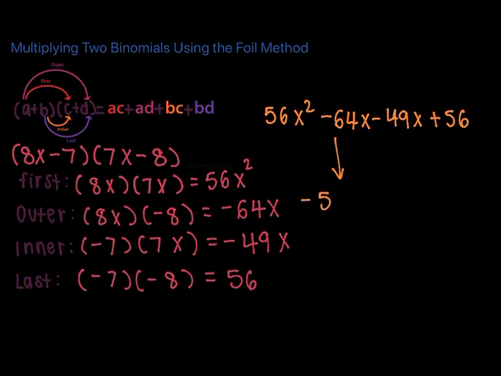So we can write this out as 56x squared minus 113x plus 56. So we now know that using the FOIL method, (8x - 7)(7x - 8) equals 56x squared minus 113x plus 56.